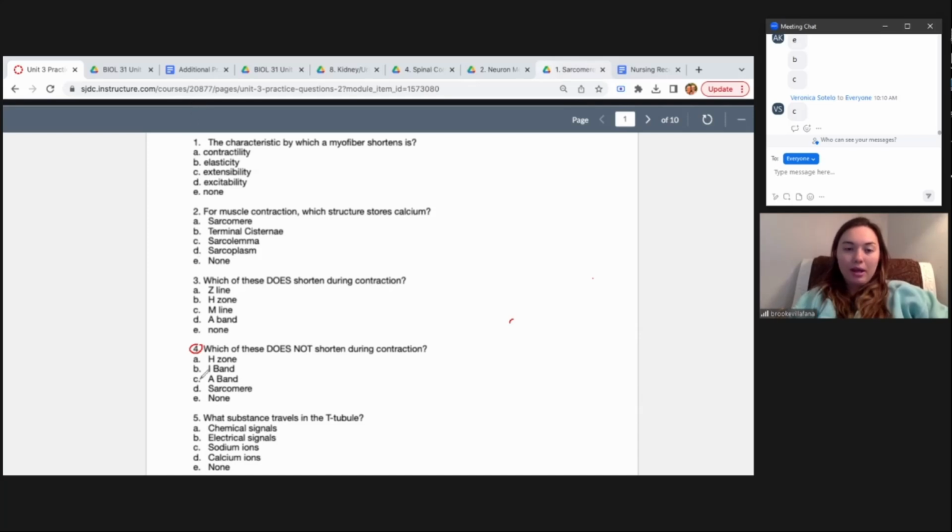The A band, right? So the A band is the one that I just said does not shorten. It's where myosin is found and it's not shortening. The sarcomere does shorten, right? Because it's the entire contractile unit. I was worried I had a typo right there, but that is correct.